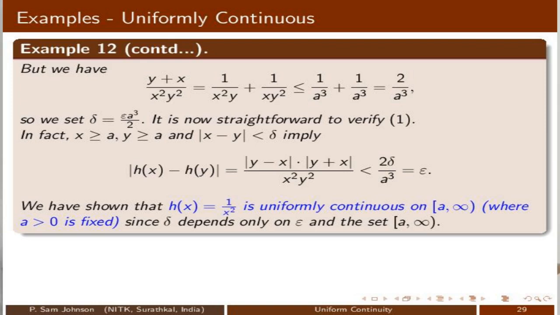Here the bound is 2 over A cube. Remember, A is fixed, which is a positive constant. Therefore, this function h(x) is uniformly continuous on closed A to infinity. Remember, delta depends only on epsilon and the set A to infinity.